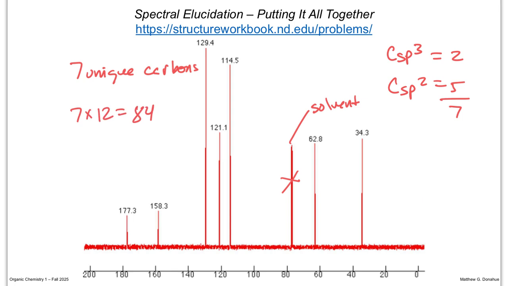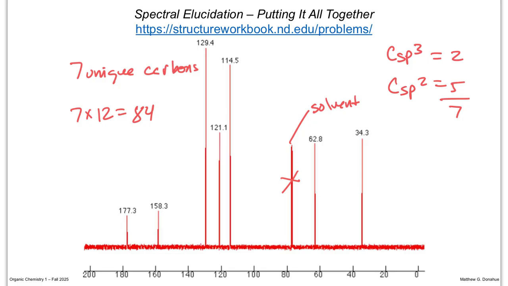So we can now start refining a little bit. 7 carbons times 12 gets us 84. But again, if there's symmetry, there could be a greater carbon count than 7. So we're between 7 and 13 now. We're trying to narrow it down.